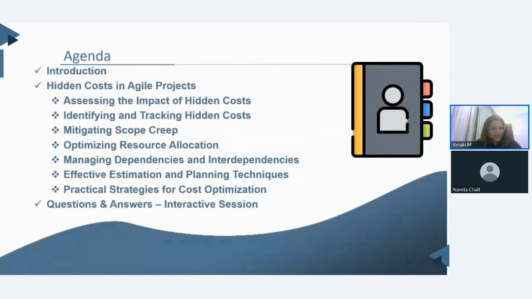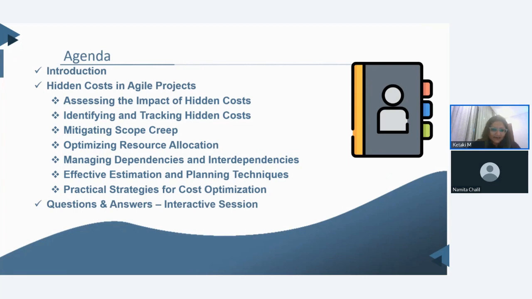So what we are going to really cover today is hidden costs in agile projects, assessing the impact of hidden costs, identifying and tracking hidden costs, mitigating scope creep, which is kind of the end game for all of our program management community, project management community. It has been a very serious issue when we go to manage our projects.